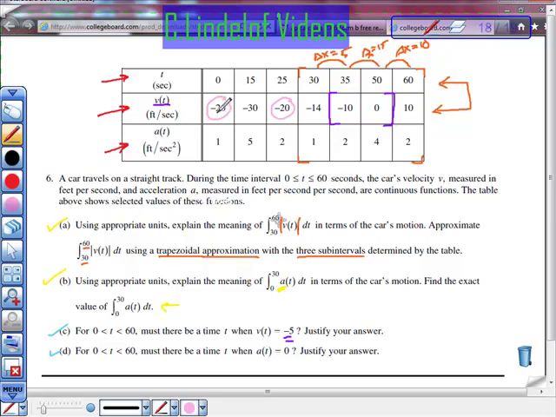So if the velocity here is negative 20, and the velocity here is negative 20, and it went to negative 30, right? Then didn't the acceleration have to go to 0 at some point, right? It's the derivative, right? So here we have the point 0, negative 20. And 25, negative 20 is this point over here.